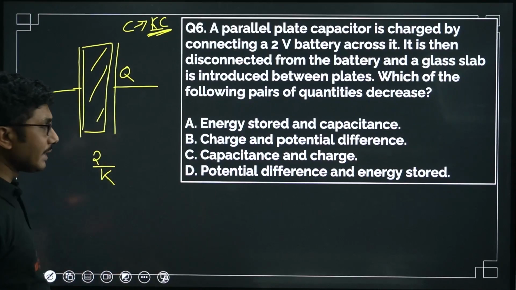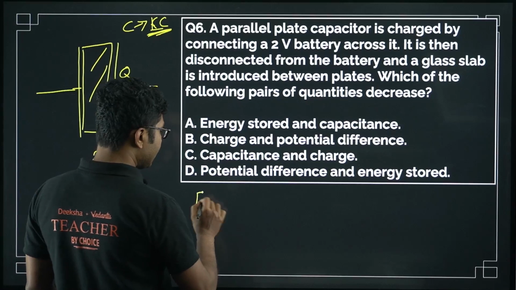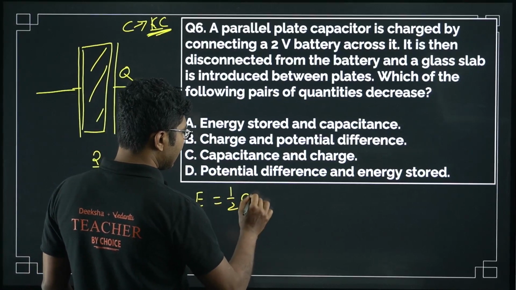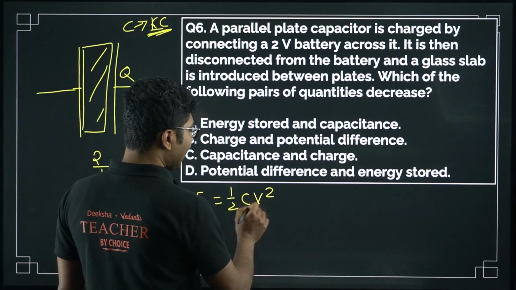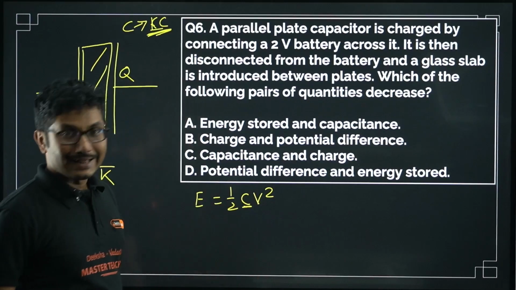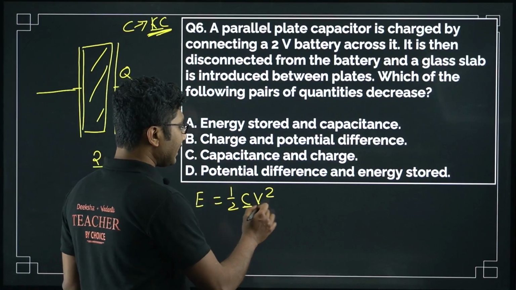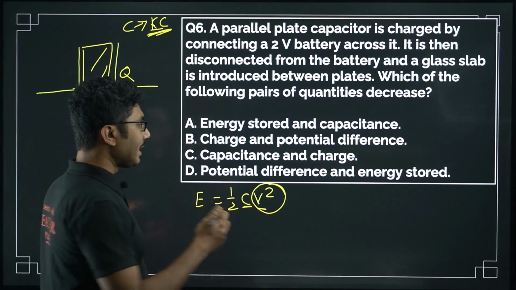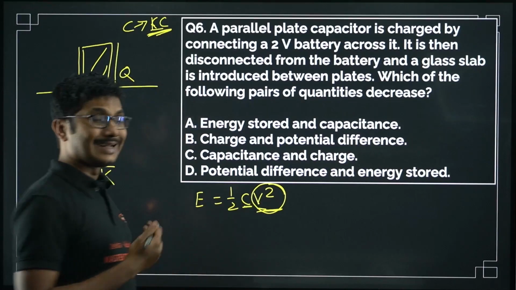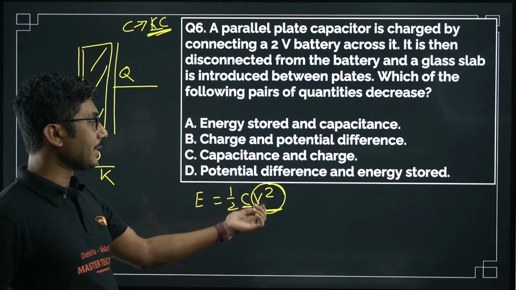Why will energy stored decrease? Because energy stored is half C V square. Capacitance is increasing but voltage is decreasing, and voltage has a square relationship with the energy, so energy will decrease because of the dependency on V square.